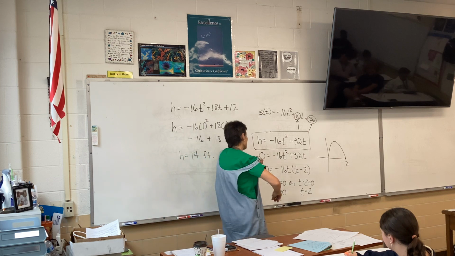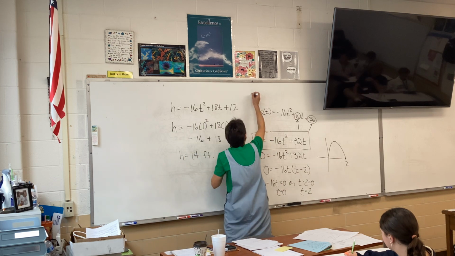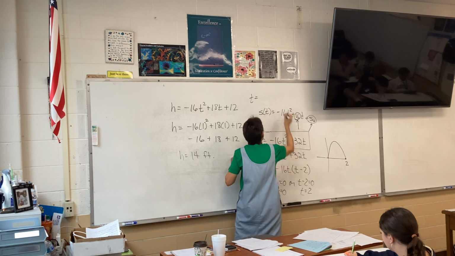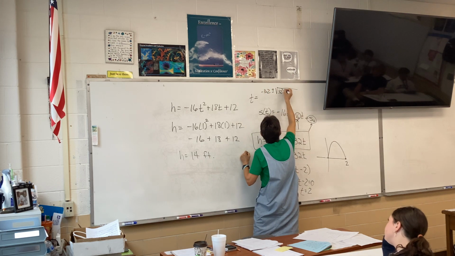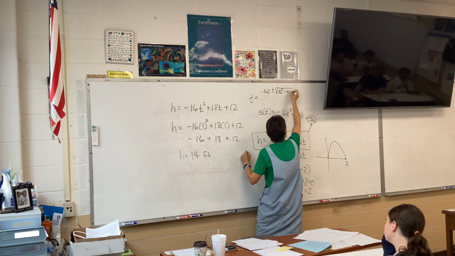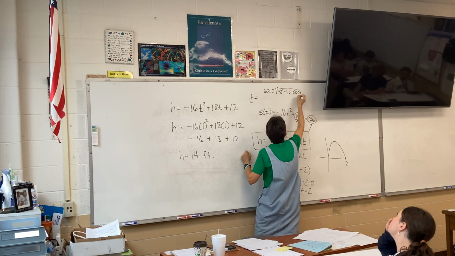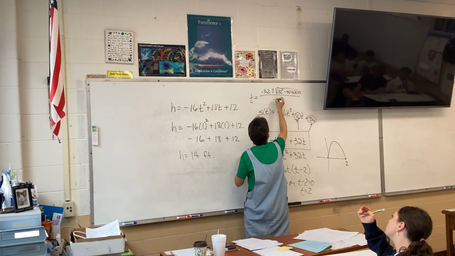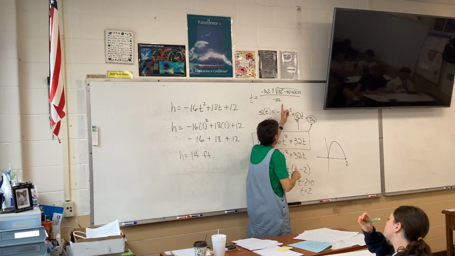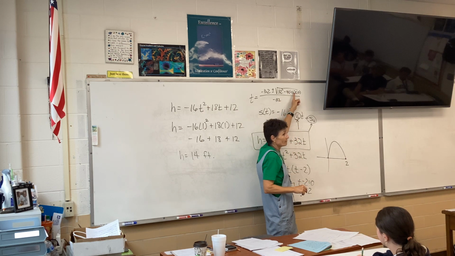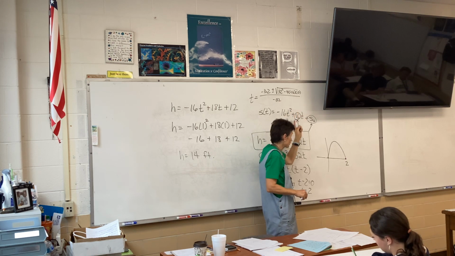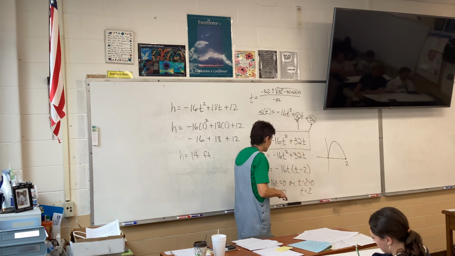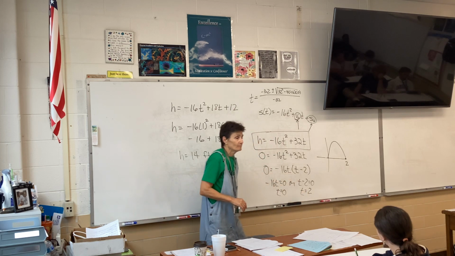If you did the quadratic formula and you said t equals negative b plus or minus the square root of b squared minus 4ac all over 2a, notice that this is all going to go away. And it's going to reduce and simplify and come down to these two answers.